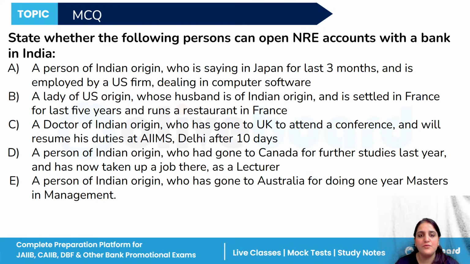Then here you have to tell the condition whether the following person can open an NRI account with banks in India or not. First one, a person of Indian origin who is staying in Japan for the last 3 months and is employed by a US firm dealing in computer software.